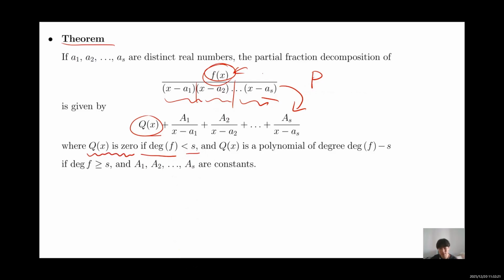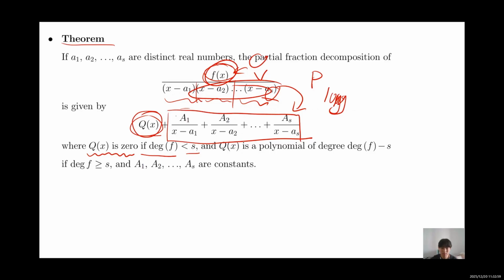If it's not proper, namely the degree of the numerator is bigger than the degree of the denominator, then we can use long division to get q(x). After that, we can do partial fractions.